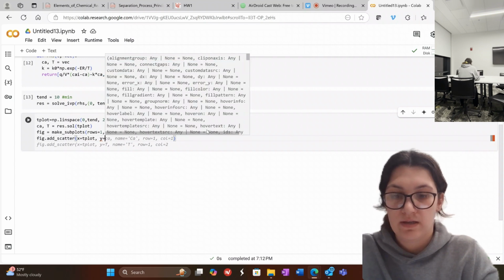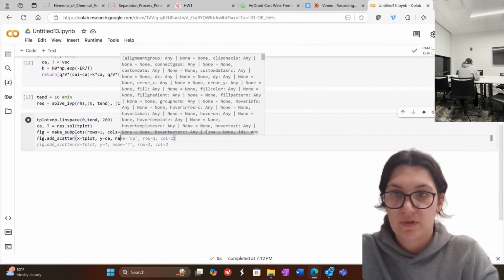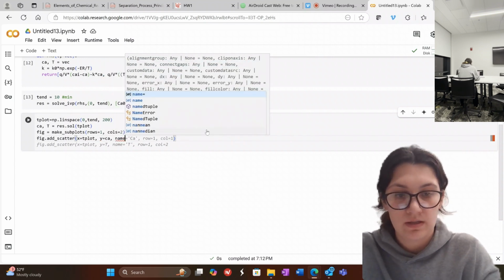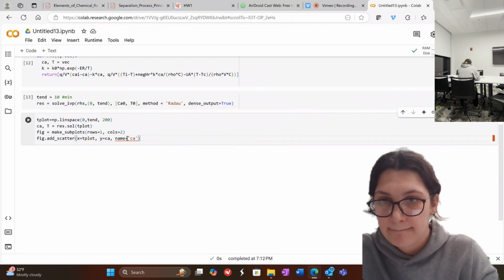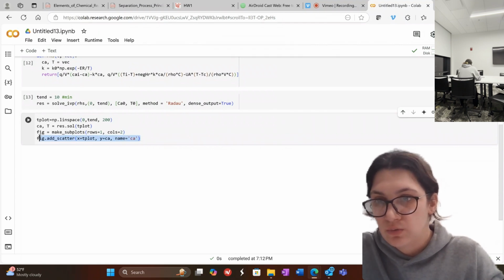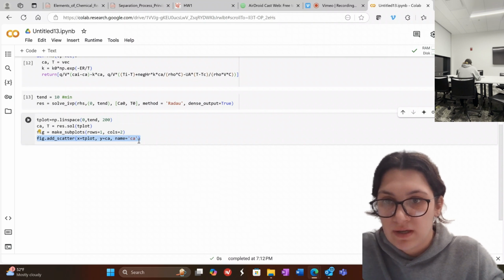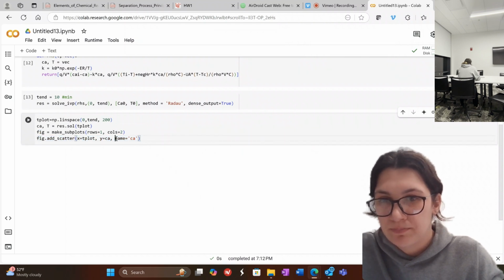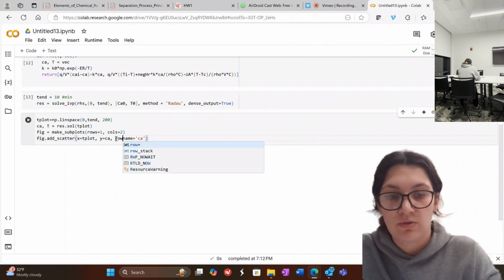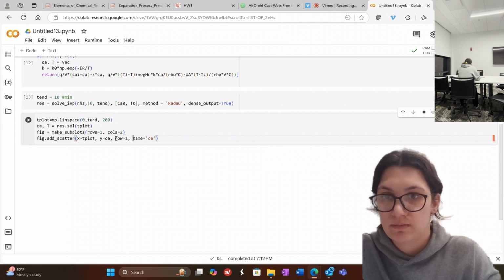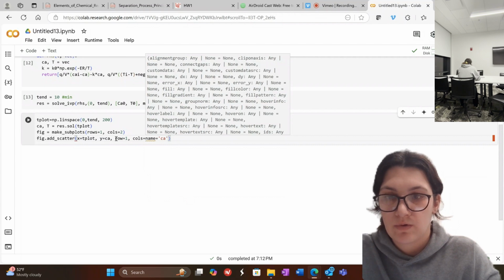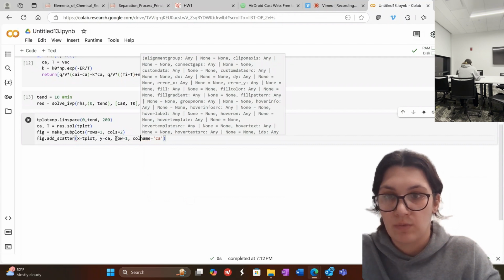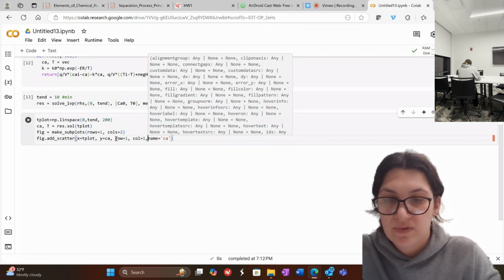Y is CA. Name is CA. And I'm just going to copy and paste. So I need to assign it to a row, so row 1, column 1.